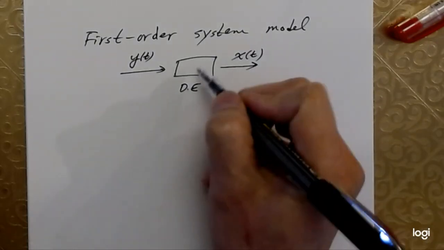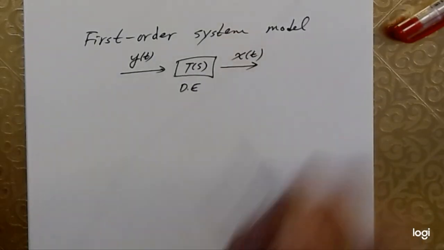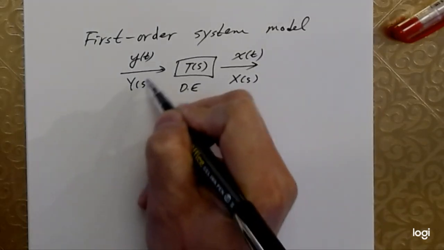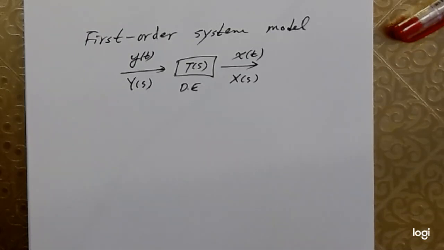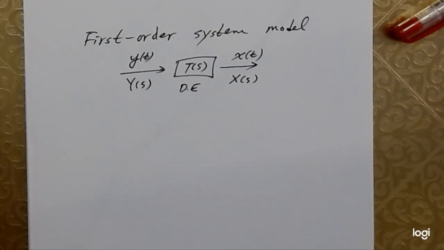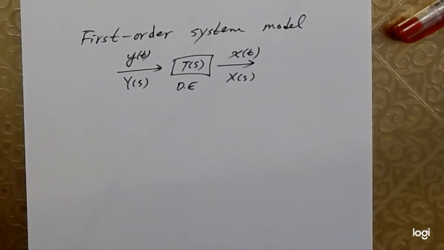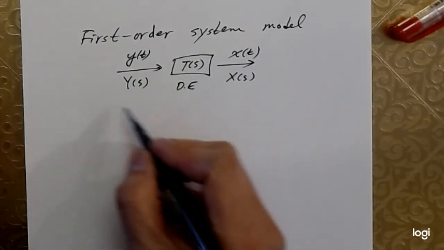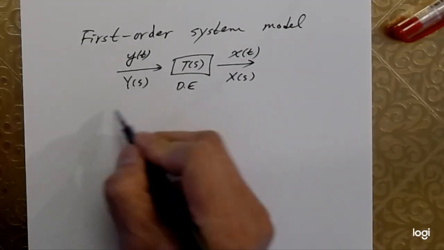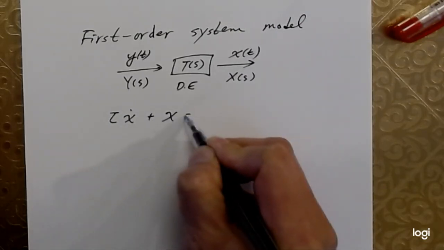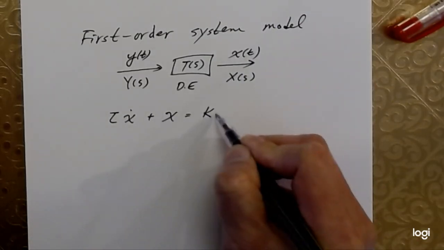In Laplace domain, that's transfer functions, which is capital X(s) over Y(s). Okay, so first order meaning the highest derivative of the output variable is 1. So differential equation, we have, let's put a standard one, tau x dot plus x equal to K, capital K, times y.